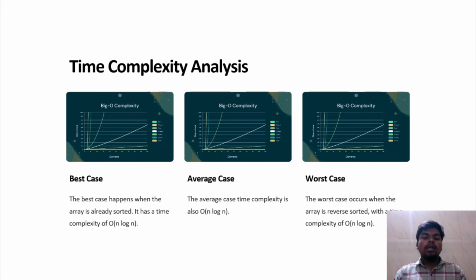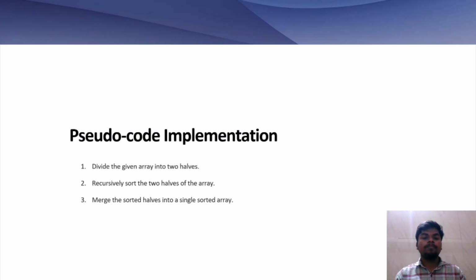The time complexity of the best case is O of n log n, and the average case of the merge sort has the time complexity O of n log n, same as the best case. In the worst case, the merge sort time complexity is also O of n log n. It occurs when the array is sorted in reverse order. This is how the best case, average case, and worst case analysis takes place in merge sort.